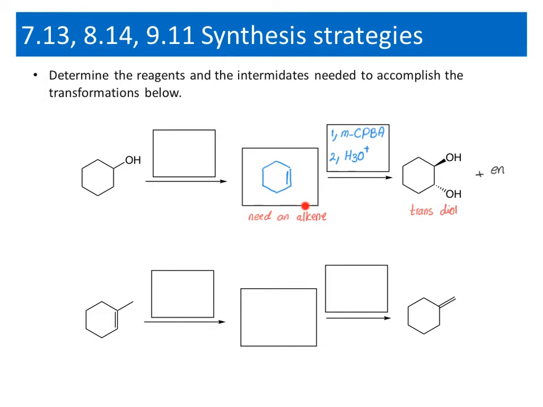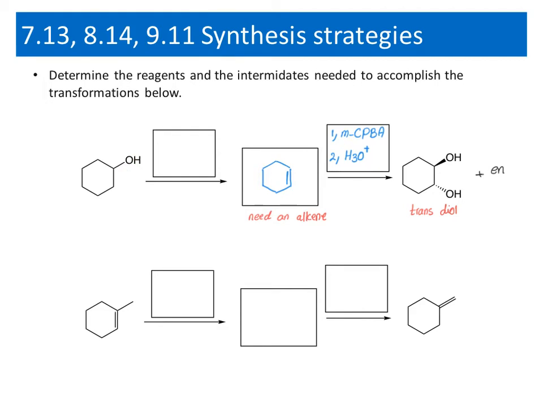So since the missing structure is found, we just need to compare the starting material and the product and think what's happening and what type of reagents can help me to accomplish this transformation. So here in the starting material, I have an alcohol, and in the product, I have an alkene. So basically what happened, this OH group has left the molecule.